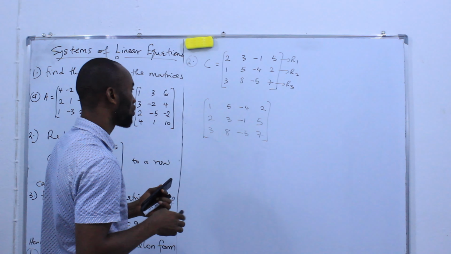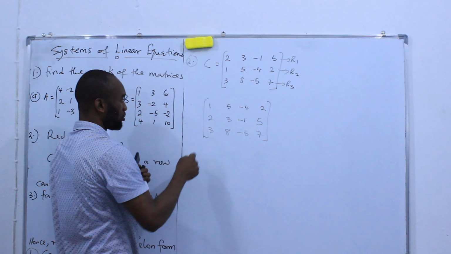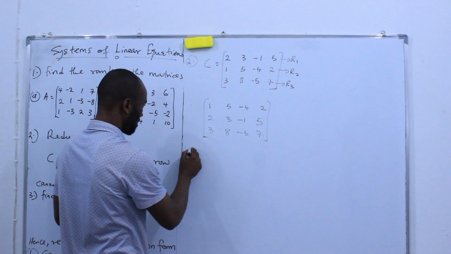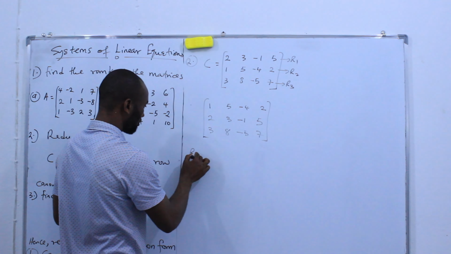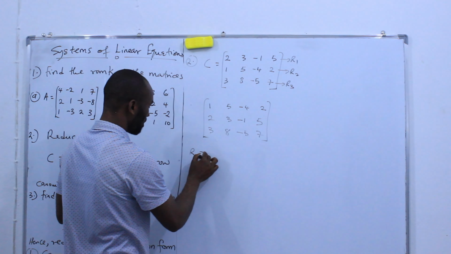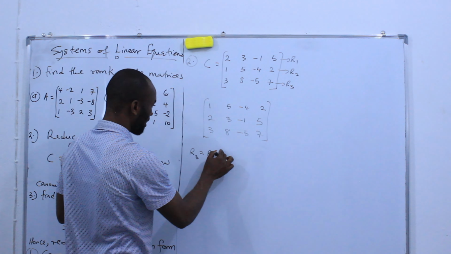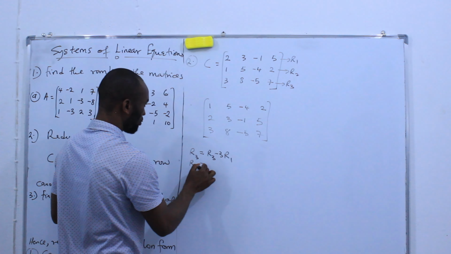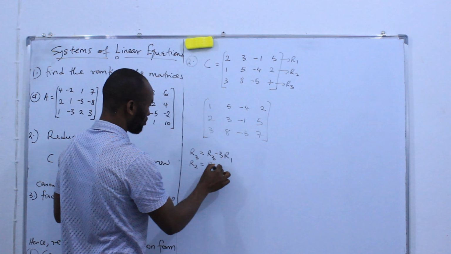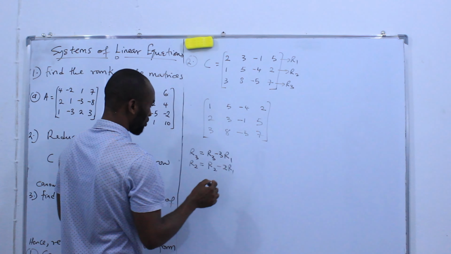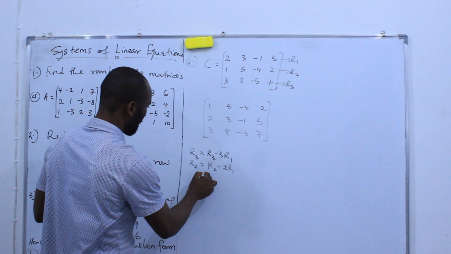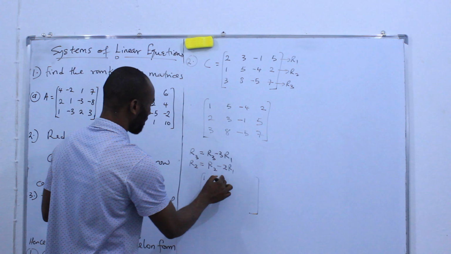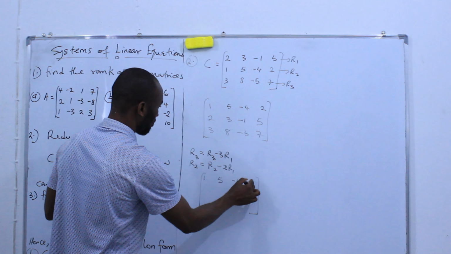Now we're going to perform 2 operations here. The first one is R3 will be R3 minus 3 R1. And then R2 will be R2 minus 2 R1. I'm going to perform that operation, and then I'll write down what I have inside the matrix. First of all, we have 1, 5, minus 4, 2.